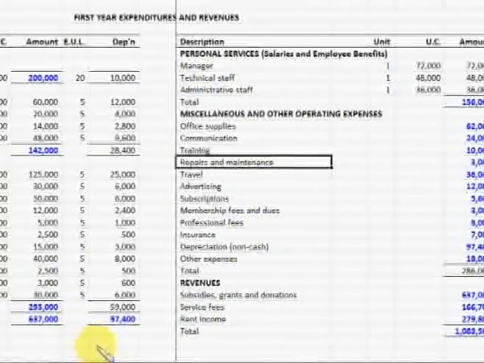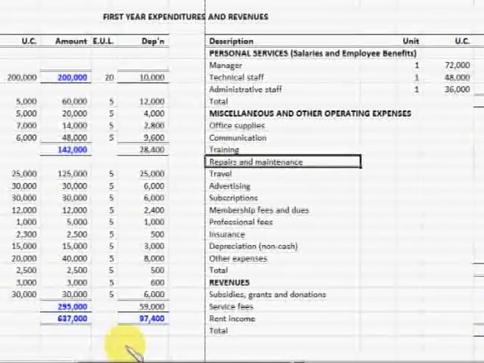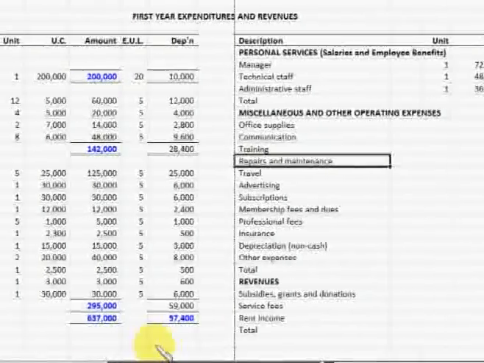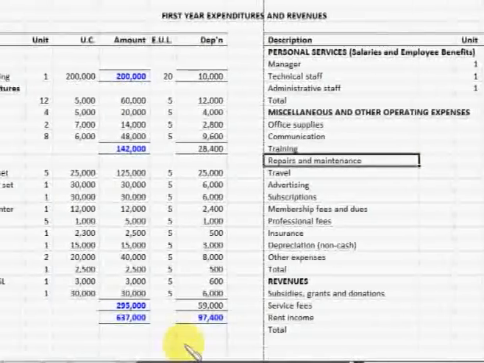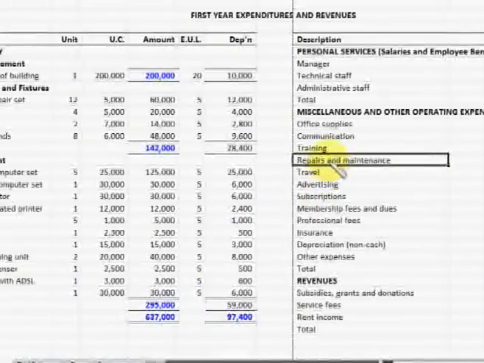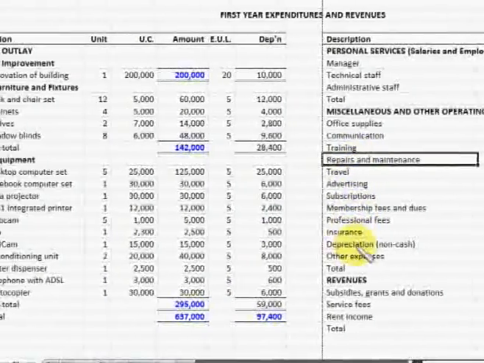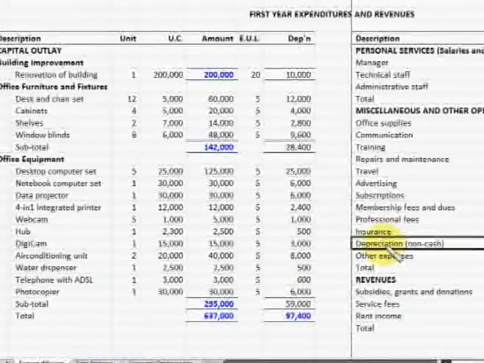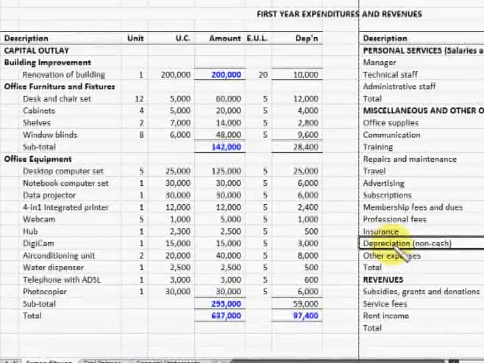The startup budget and the operating budget are basically the same, except for these items, repairs and maintenance, depreciation, which are generally reflected in the budget or in the report after a certain period of time, like 1 month or 1 year.